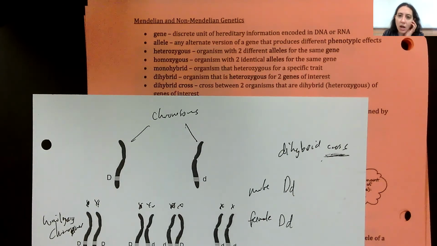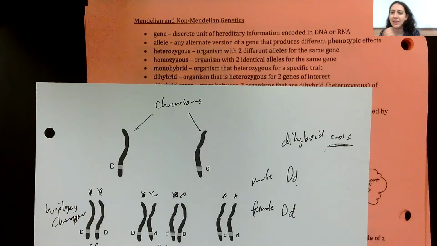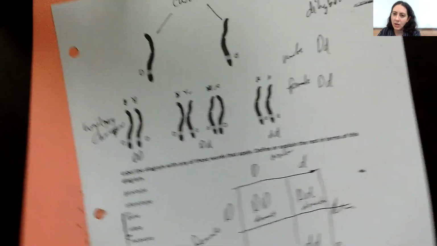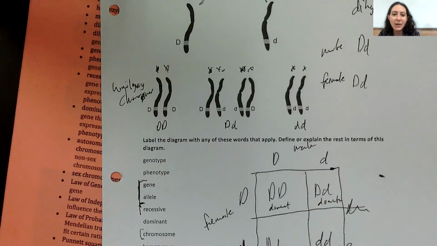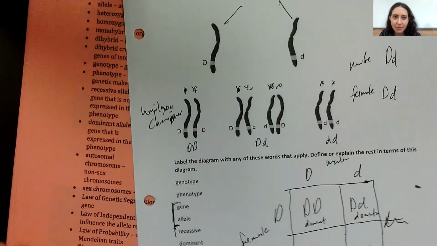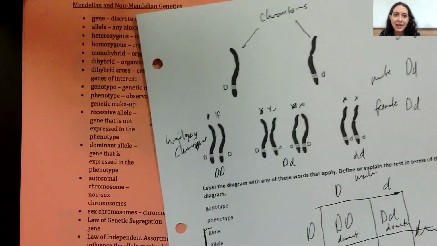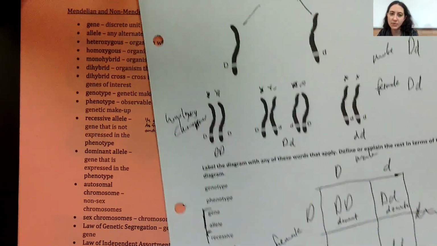Well, that's what dihybrid means. Yeah, that makes sense. Okay. Anyway, so genotype and phenotype. Heterozygous and homozygous is good.